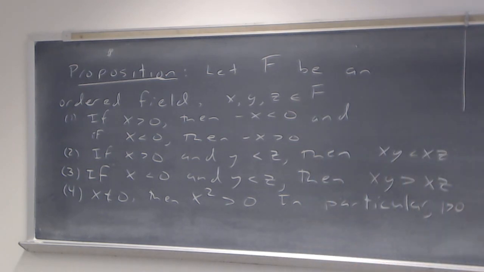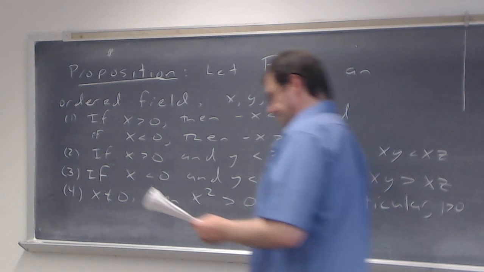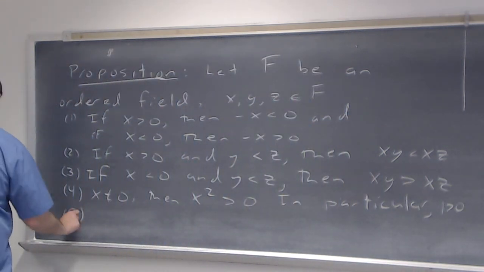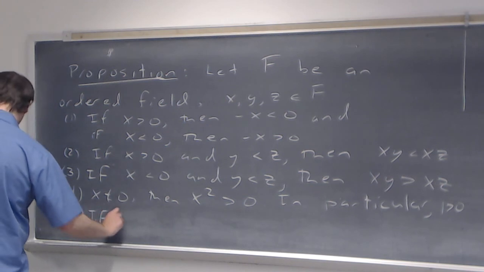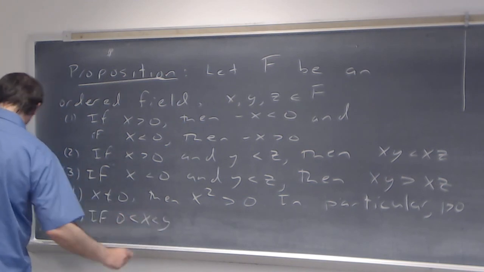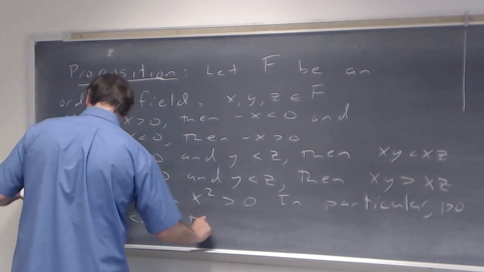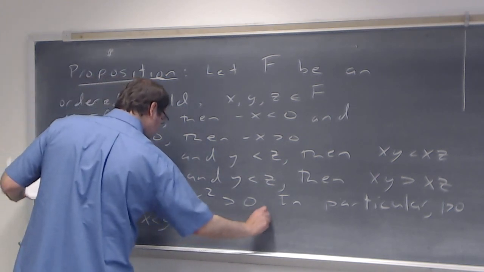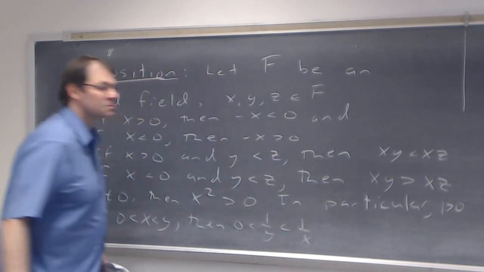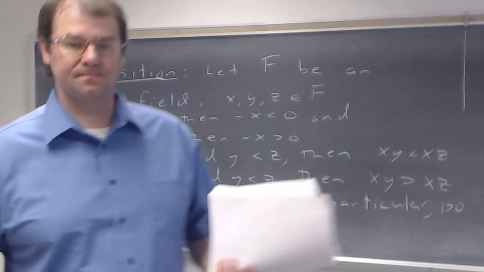Okay? 1 is greater than 0 because 1 is 1 times 1. And 5, if 0 is less than x is less than y, then 0 is less than 1 over y, which is less than 1 over x. Okay, we want to prove these.